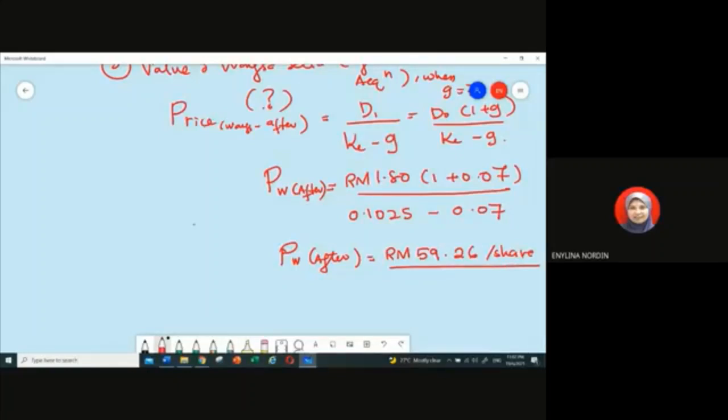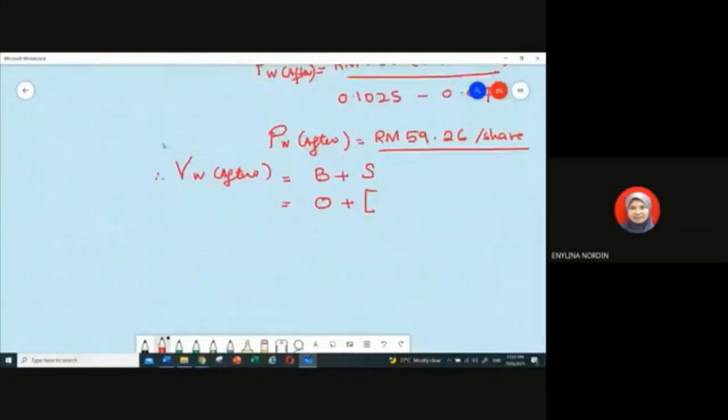So therefore, this will make the value of Wangsa Setia after the acquisition change to the new value. Again, B plus S, where B is 0 plus the value of the equity, which is the market price multiplied by the number of shares outstanding in that company.